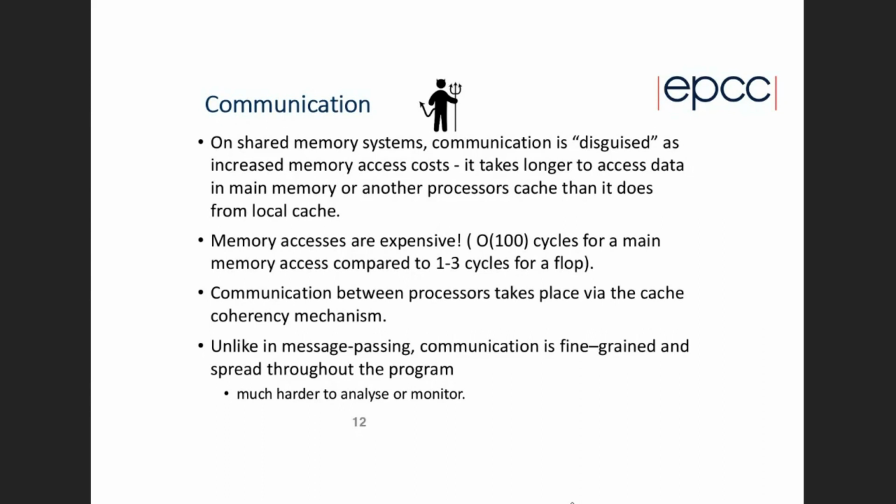Doing the same thing with shared memory is much more difficult, because everything is happening at the level of memory accesses. Instrumenting every single memory access is very difficult and expensive, and typically will slow your program down by orders of magnitude. It's not impossible, it can be done, but it's a much more difficult and expensive process for tools to do.